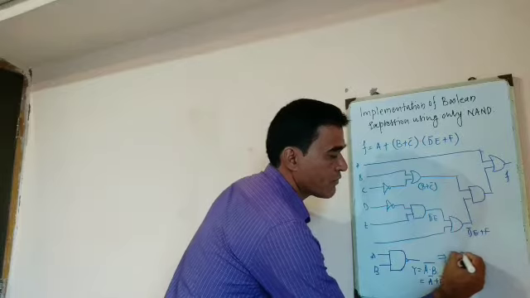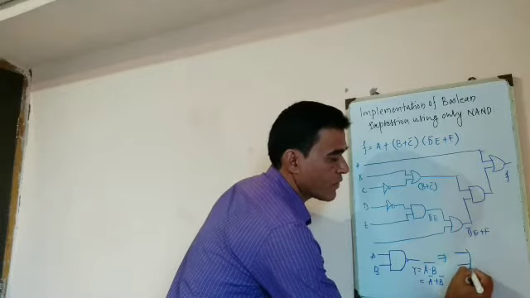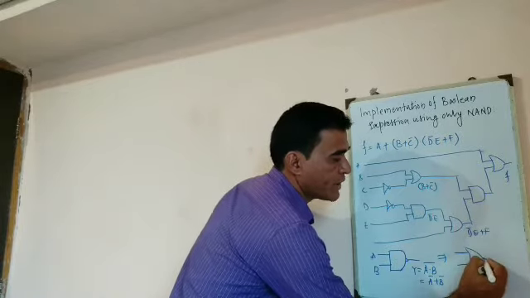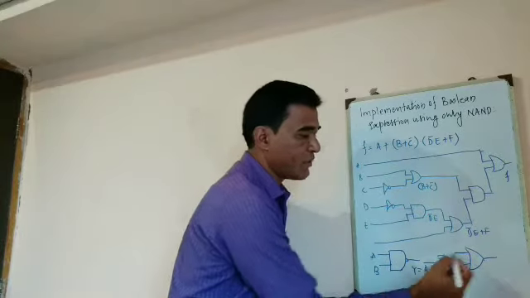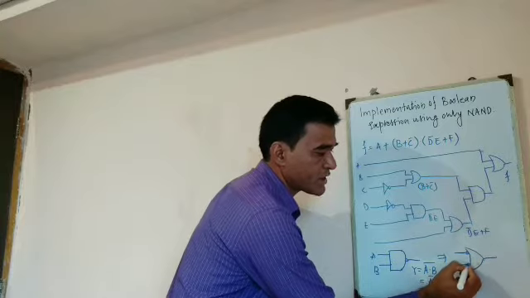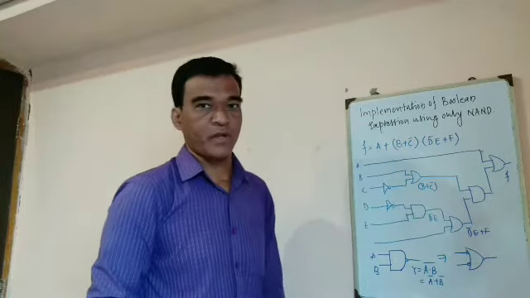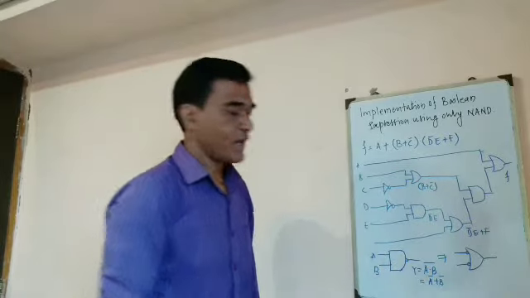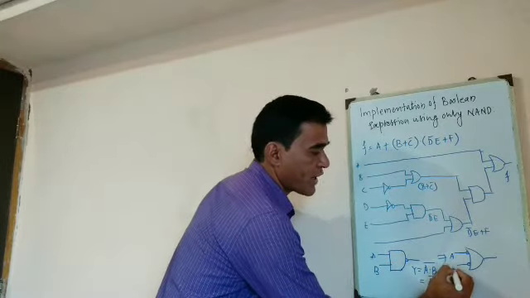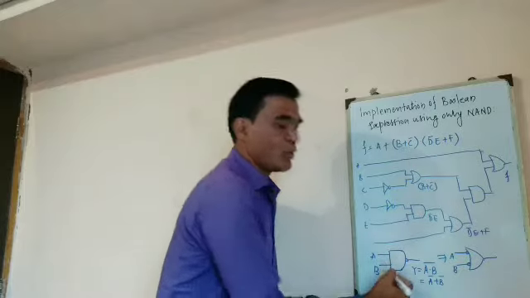So here I need to use the OR gate, and the input I need to give which is inverted, and inverted input I can represent by using this bubble. So these are known as bubbled input OR gate. So bubbled input OR gate is equivalent to the NAND gate.